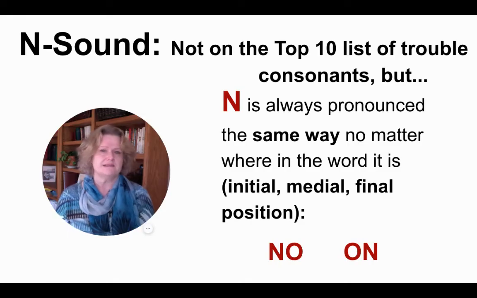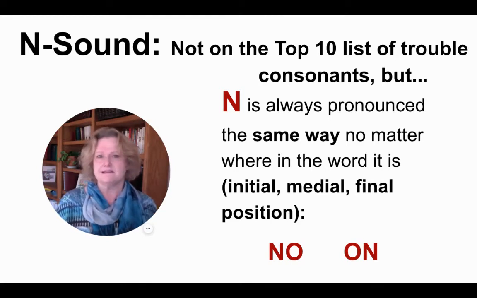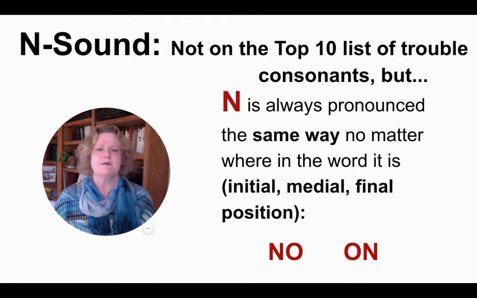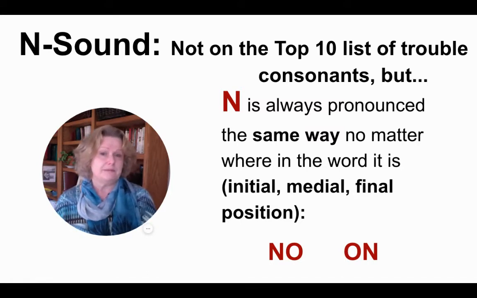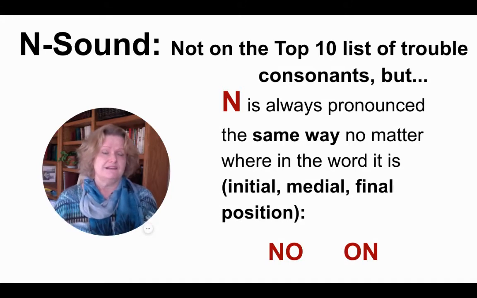The N sound may not seem like it's on the top 10 list of difficult consonants, but many students, many people, when they pronounce N, they don't always pronounce it the same way. When they do it at the beginning of a word, like no, usually it's perfect.